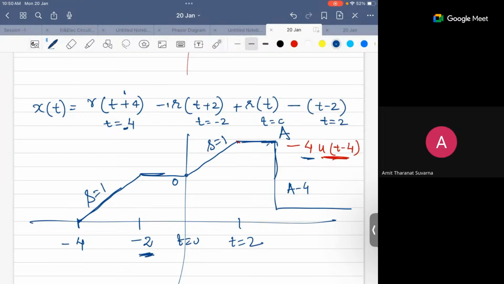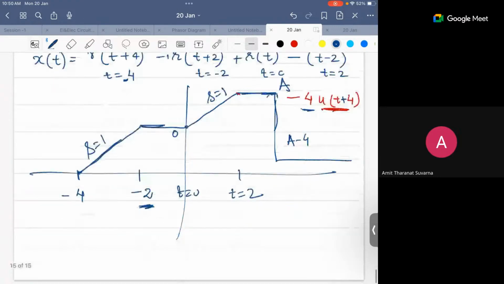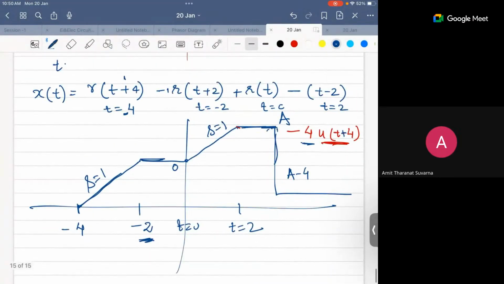Suppose if it is minus 4 u of t plus 4, it means it will go left side, right? If you're plotting, you'll have to write it here. You have to write it here. So you have to write in such a way that you can't plot from right side.